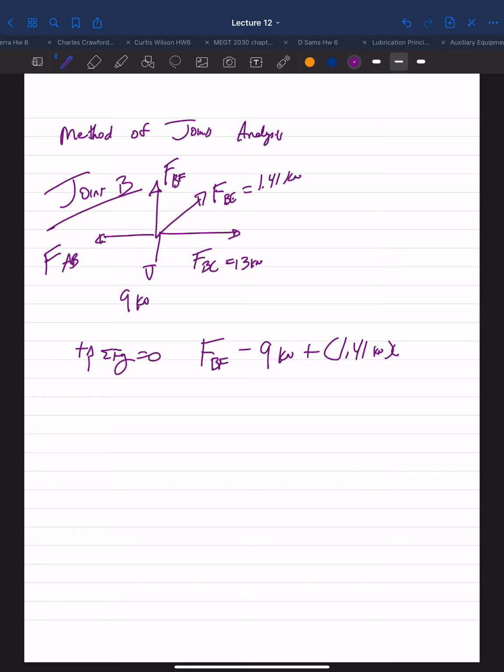And we need to know the y component, that's the 1 square root of 2 slope triangle. 1 over square root of 2. Solve for FBF. FBF equals 8 kilonewtons in tension.